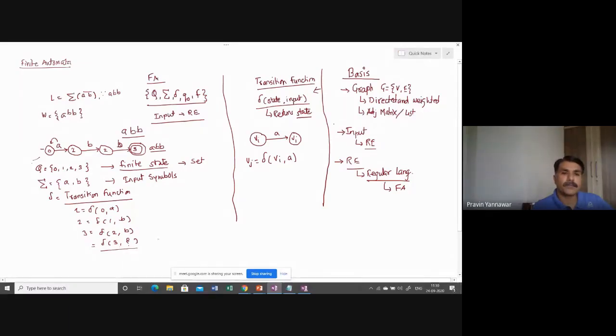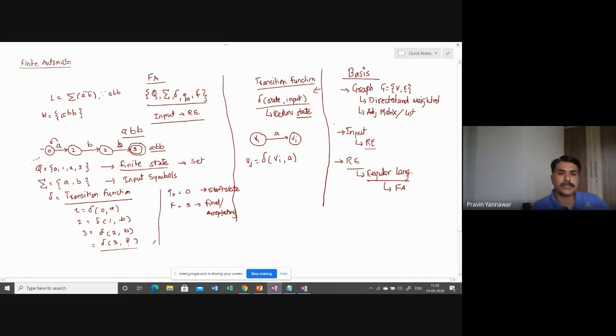But here, this third state, that is, if you look at q0, q0 is your 0, which is nothing but the start state. Okay, and F is nothing but 3, which is your final or accepting state.